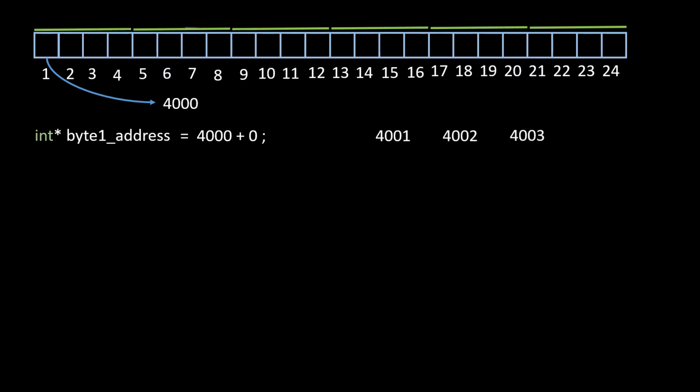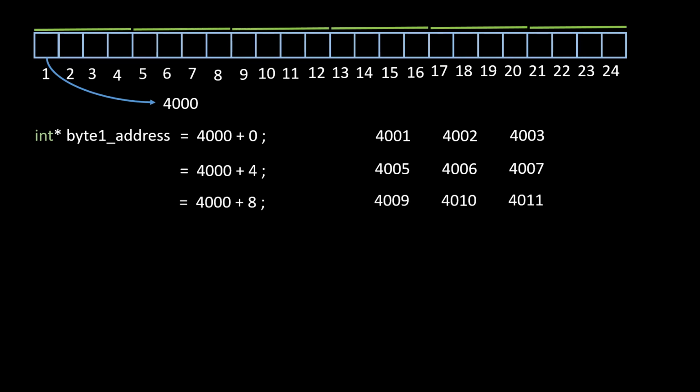Similarly, if you want to access the second element, then we have to assign the address of the first byte of the second element of our array to the byte1 address pointer. And now we can access the rest of the bytes of the second element. And so on, we can do this for the rest of the elements of our array.